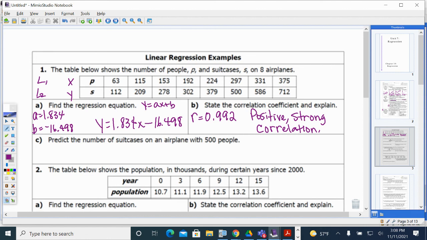Part C says predict the number of suitcases on an airplane with 500 people. With 500 people, 500 is your X. So there's two ways we can do this. We can plug in 500 into our equation.